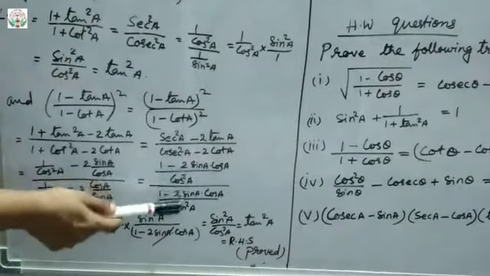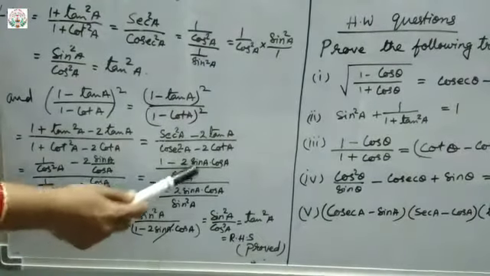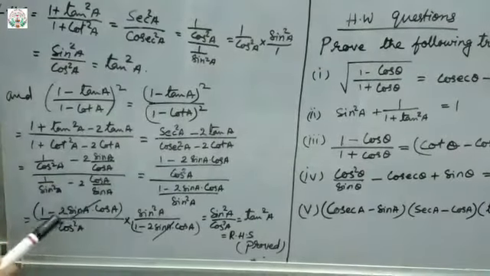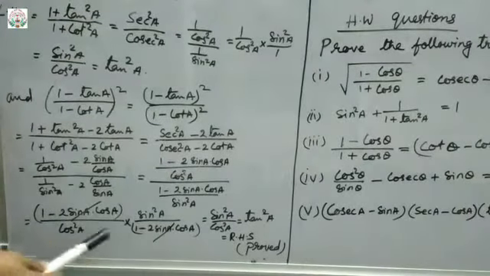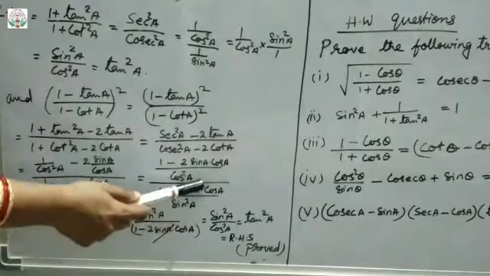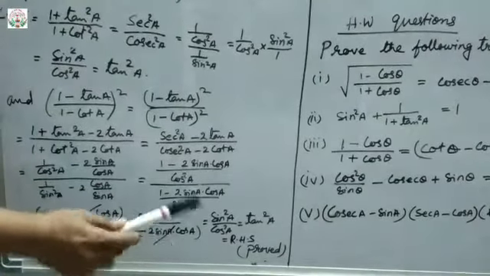Now we will take the reciprocal of this. So that will be 1 minus 2 sin A into cos A, this part, upon cos square A, into, now reciprocal, this will go up, the denominator becomes the numerator and the numerator becomes the denominator.